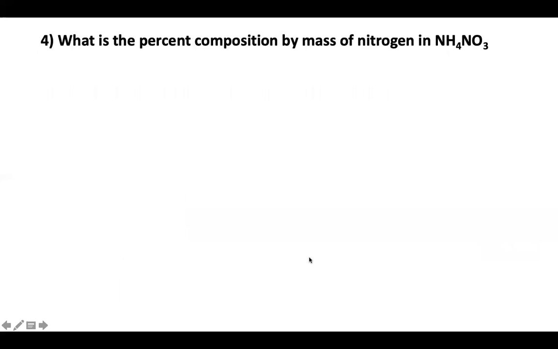Number 4, what is the percent composition by mass of nitrogen in NH4NO3? Here is my issue. We have a nitrogen here and we have a nitrogen here. We're trying to find the percent composition by mass of nitrogen.